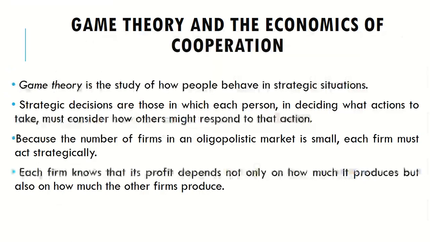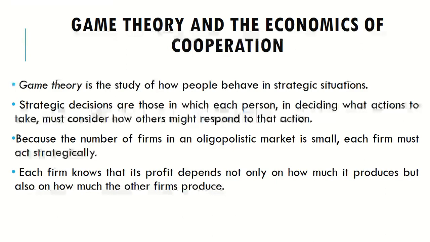Next slide is game theory and the economics of cooperation. Game theory is the study of how people behave in strategic situations. So game theory basically deals with the strategic decisions made by firms. And these strategic decisions are those in which each person, in deciding what actions to take, must consider how others might respond to that action.